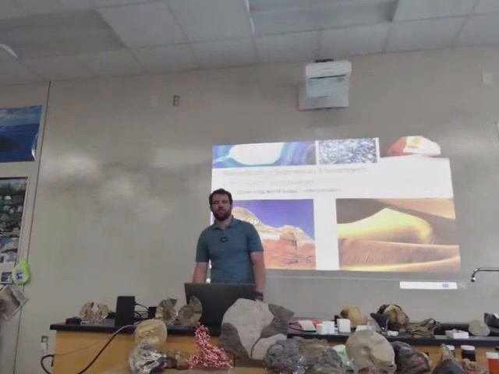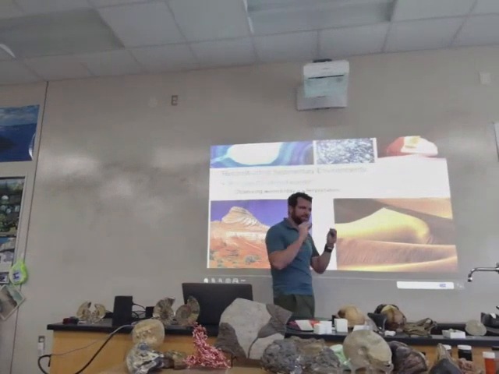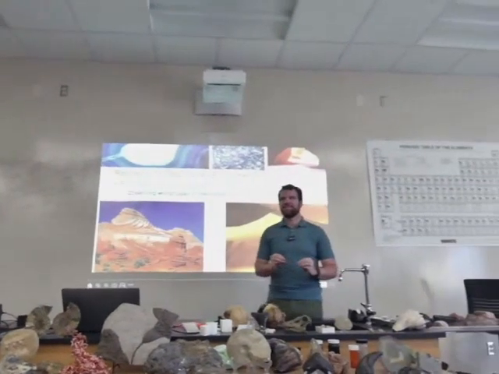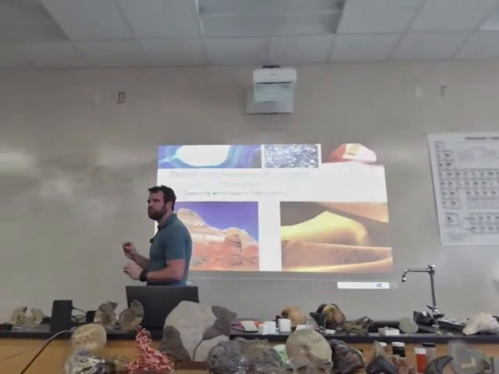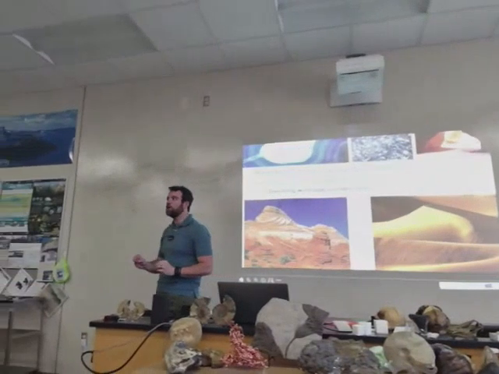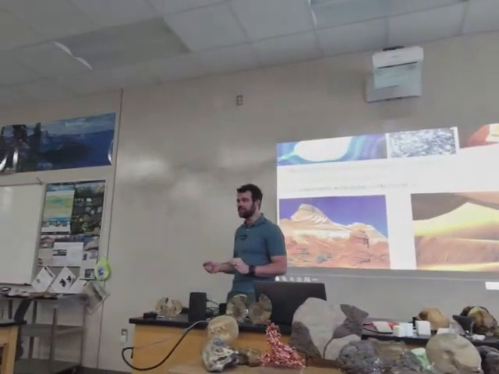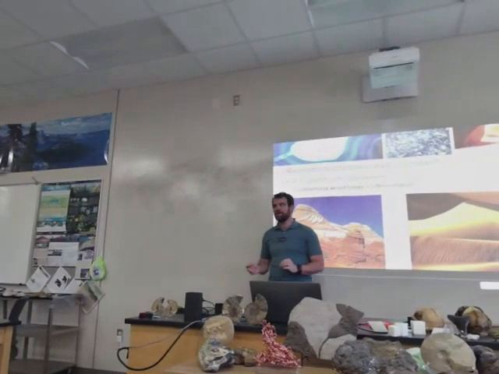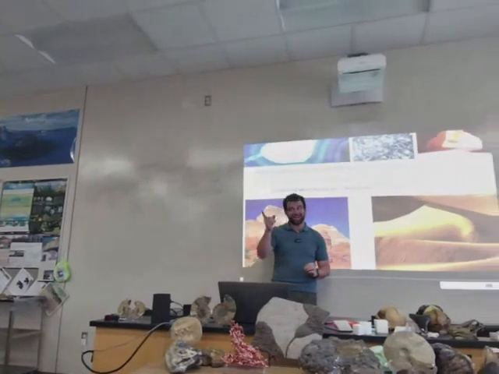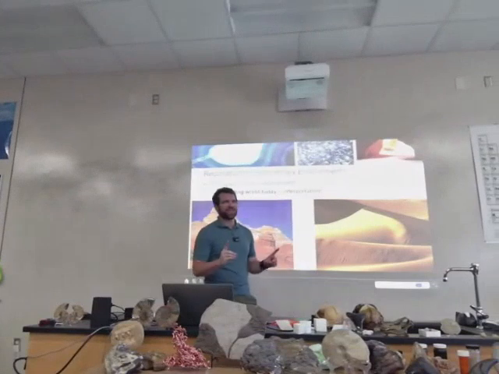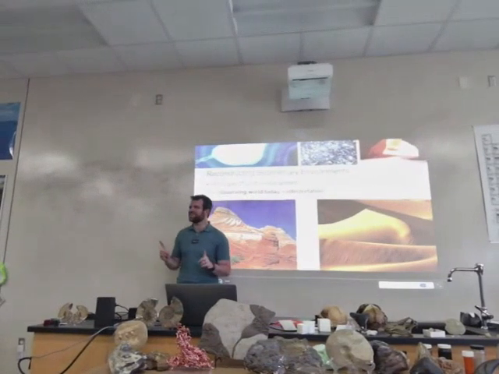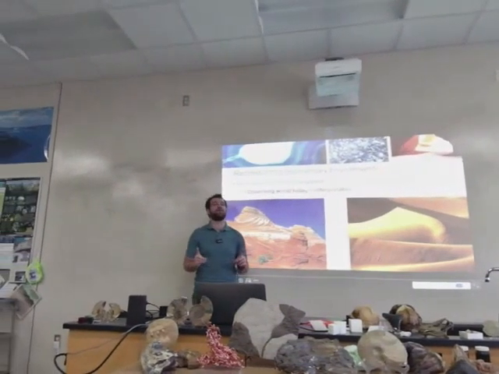Now, remember that principle of uniformitarianism. Any physical, chemical, or biological process that occurs today also occurred in the geologic past, right? And will occur in the geologic future. So we can look at the way things are happening now to interpret the way things happened then.